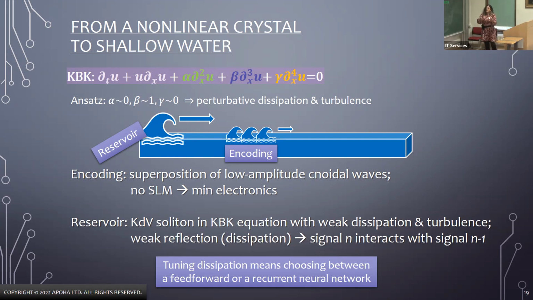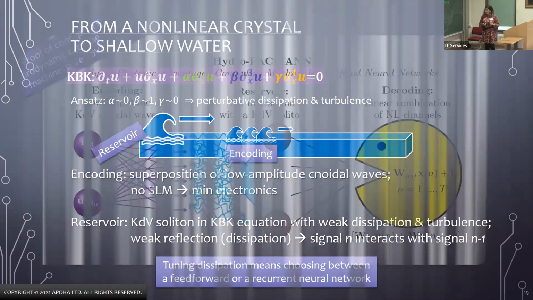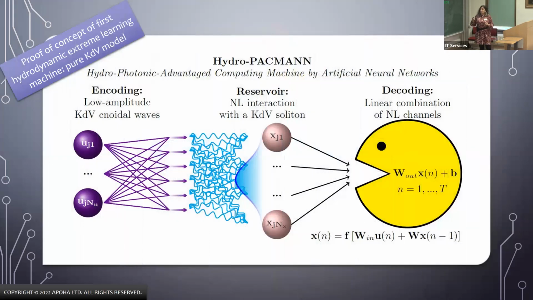Okay, so tuning these parameters, we are actually moving from an artificial neural network with recurrent architecture to a completely feed-forward architecture.